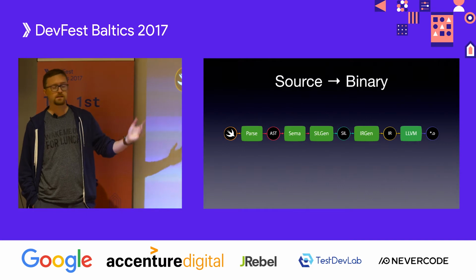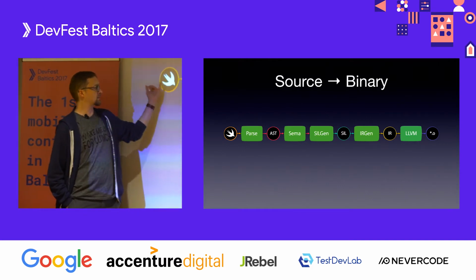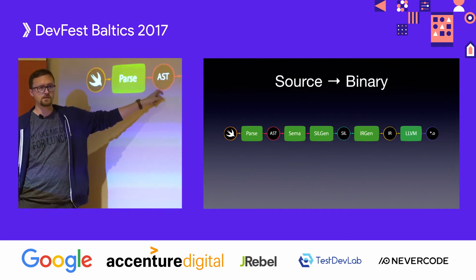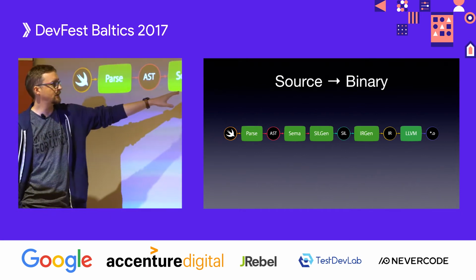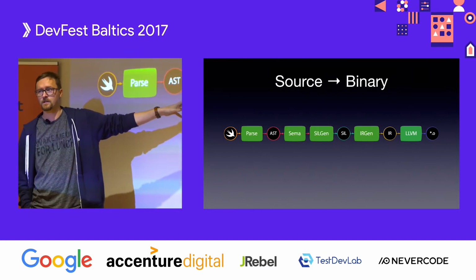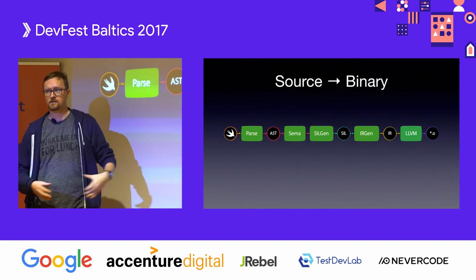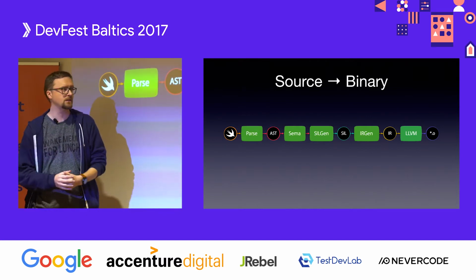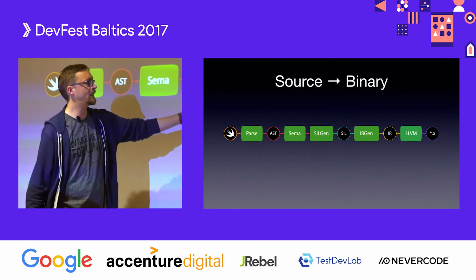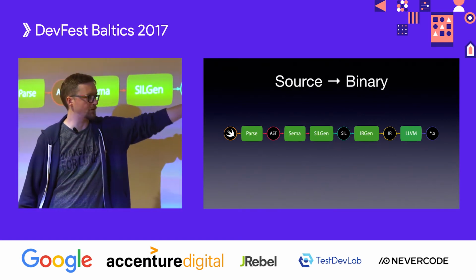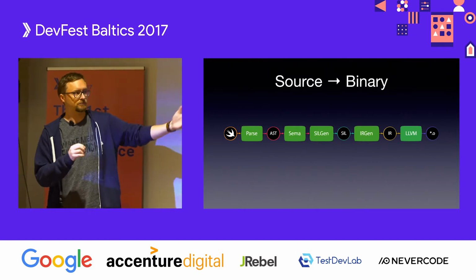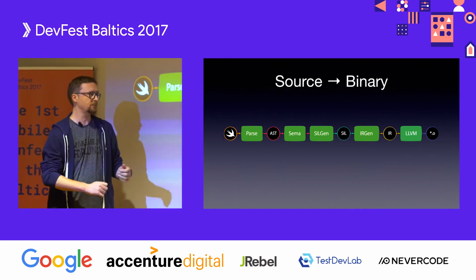How Swift is compiled. You may be familiar with that, so I will go quickly. We have source code that is parsed and changed to an abstract syntax tree representation. Then this tree is changed to Swift intermediate language representation, which is still a text representation of our source code. And then we go to the LLVM stack, and eventually at the end we have an object or executable file.